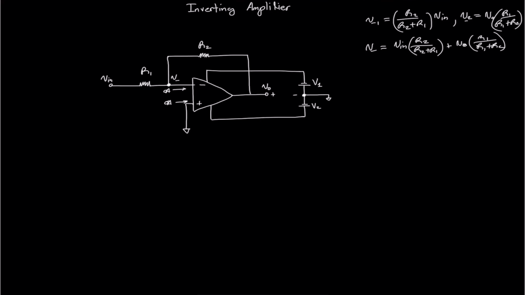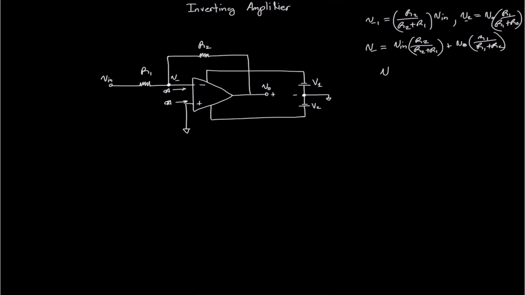To get V out in this case, we say, okay, we have a virtual short. The op amp with the feedback element operates in the linear region, so thus we have an ideal op amp.